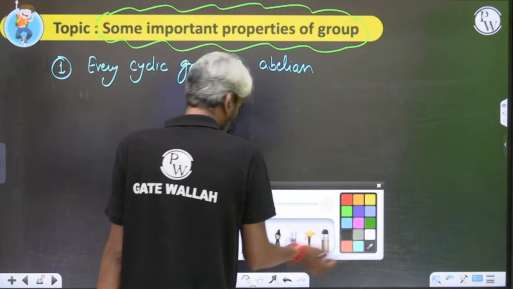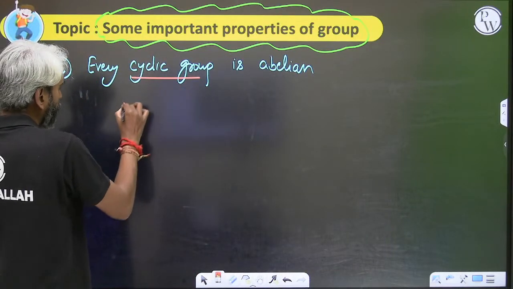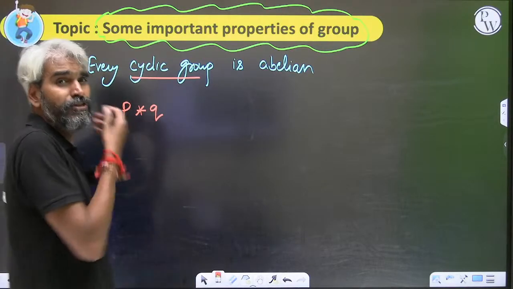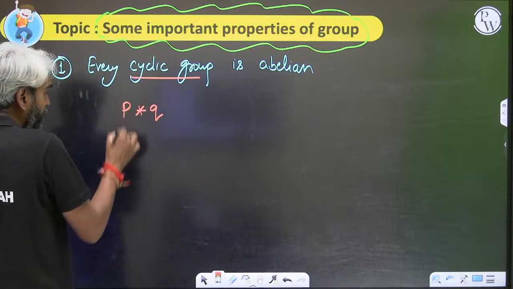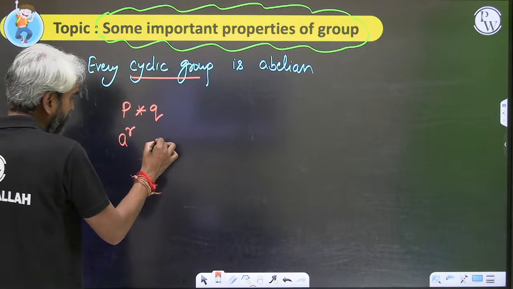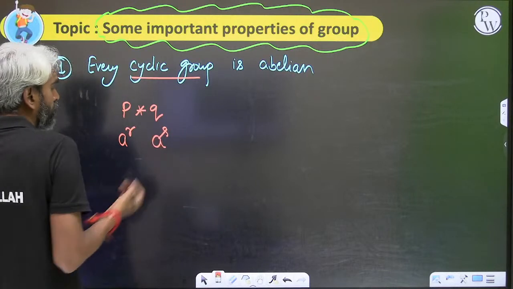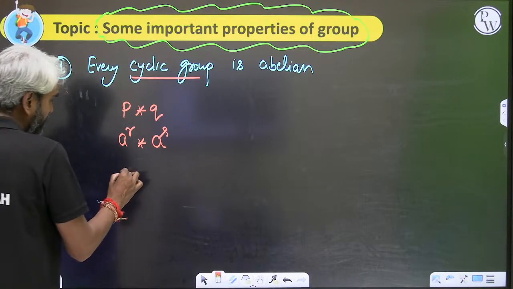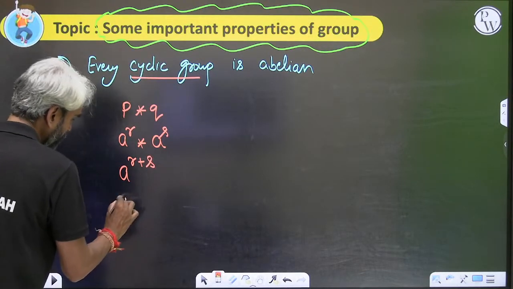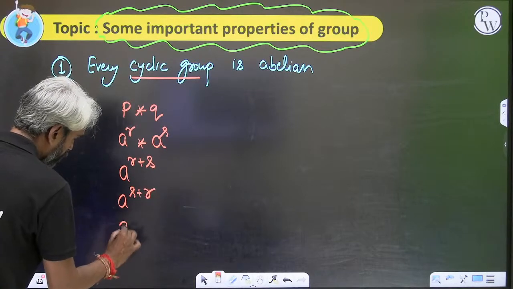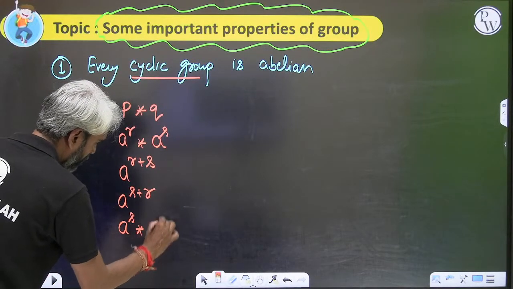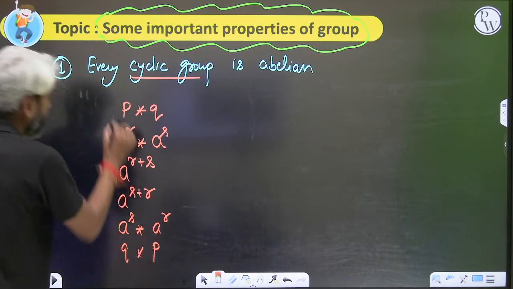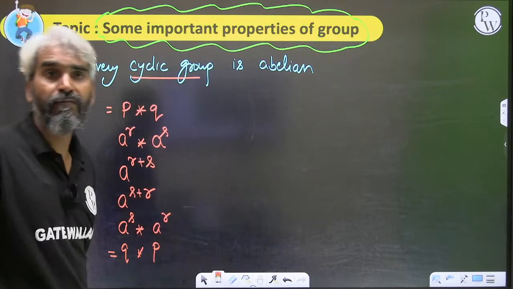I can give you one intuition. Let's assume it is a cyclic group, and you have P cross Q. The idea is that, sir, if it is a cyclic group and let's assume A is the generator, then we can write P in the form of A raised power R and we can write Q in the form of A raised power S. So basically we are writing A raised power R binary operation with A raised power S. So basically it's nothing but A raised power R plus S, and it can be written as A raised power S plus R. So it can be written as A raised power S binary operation with A raised power R. A raised power S is basically nothing but Q, and A raised power R is nothing but P. That means P star Q will be equal to Q star P. Therefore, every cyclic group will be abelian.